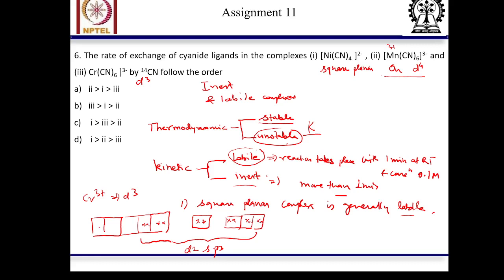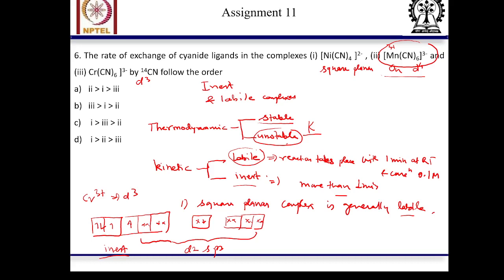Now we see the configuration D3. It is very symmetric and stable, so that's why it will be inert. Now the configuration of Mn3 plus differs from this, so that will be labile. Mn3 plus is more labile compared to the D3 system because D3 gives the stable complex. That's valence bond theory. And square planar complexes are generally labile.